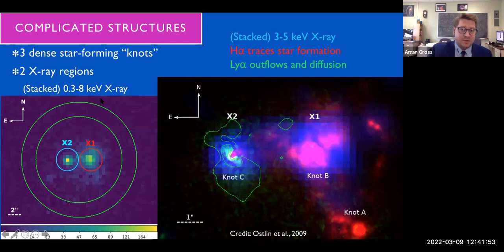So we get our Chandra observations, and I'm showing here the stacked version of those 4 different observations in a rather wide band. And for the rest of this talk, we've got Knot A down here, but there's almost no perceptible level of X-rays.